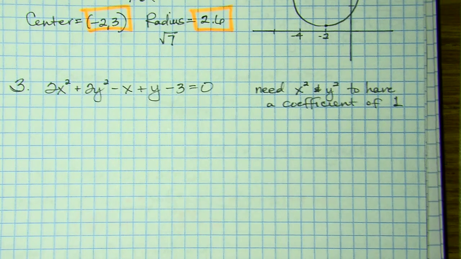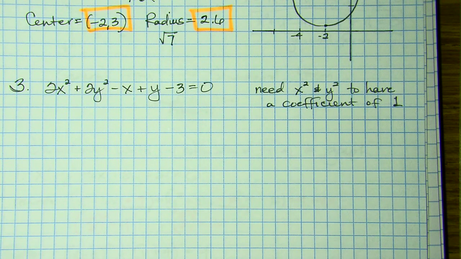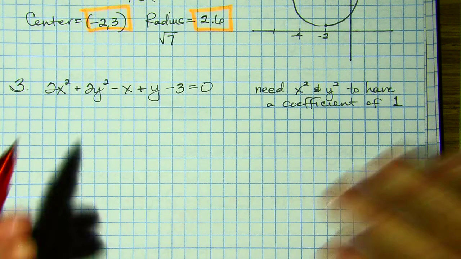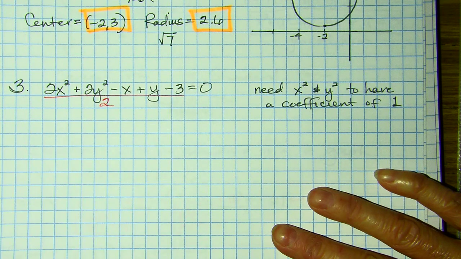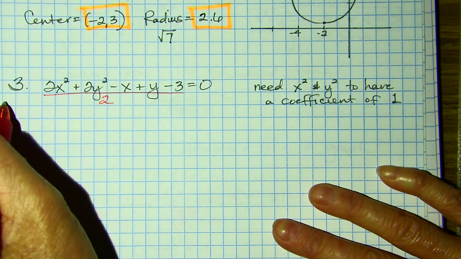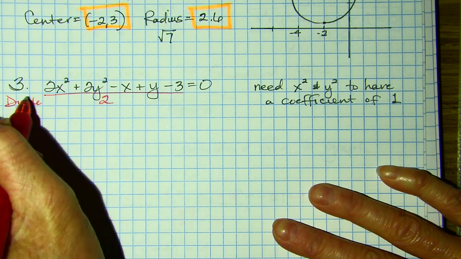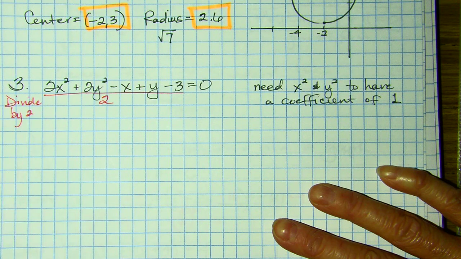Now, in both cases, mine has a coefficient of 2. So the first thing I need to do is get rid of that 2. So I'm going to do that by dividing everything by 2. And we're going to get some weird fractions, and that's okay. But we are going to divide by 2 to start off.